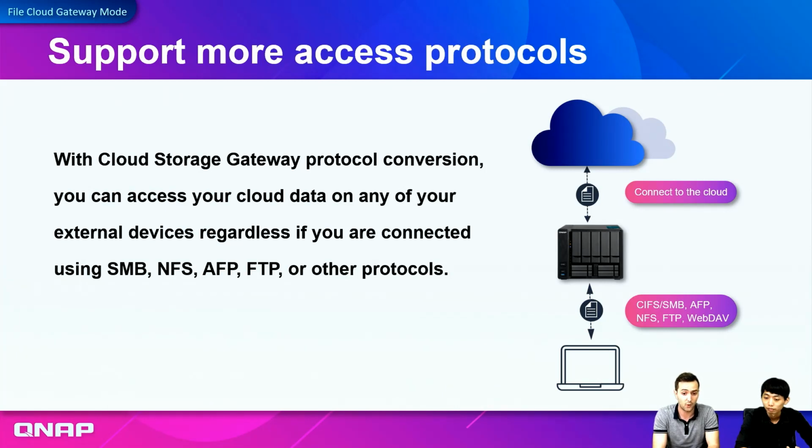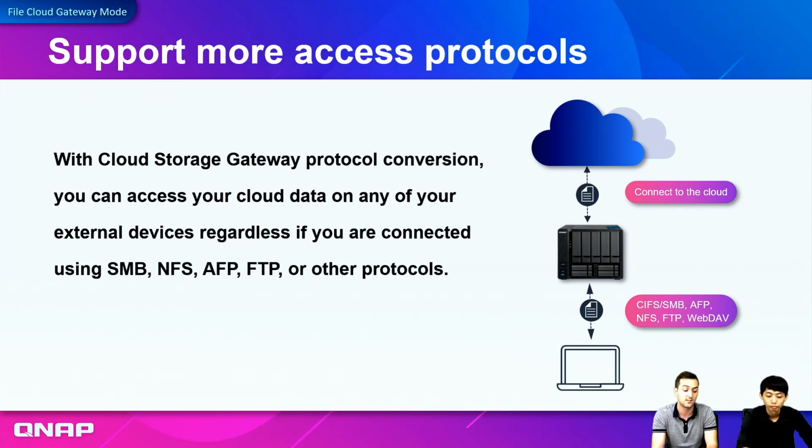So supporting more access protocols means that we access faster and we have more options to reach the data and retrieve the data from the cloud, and not only. So we can read very fast, we can have the gateway protocol conversion, you can access your cloud data in any of the external devices, regardless whether you're using SMB, FTP, AFP, or any other protocol.